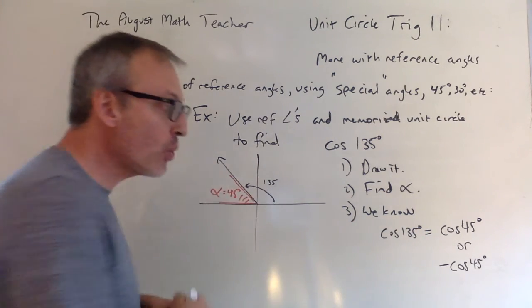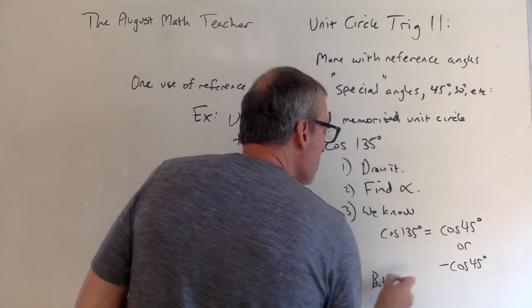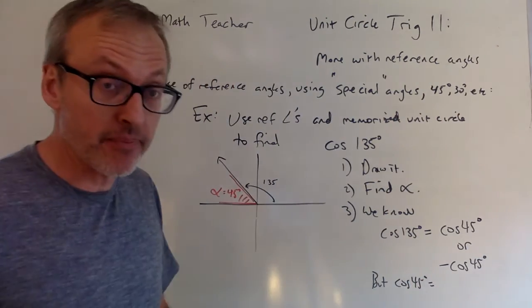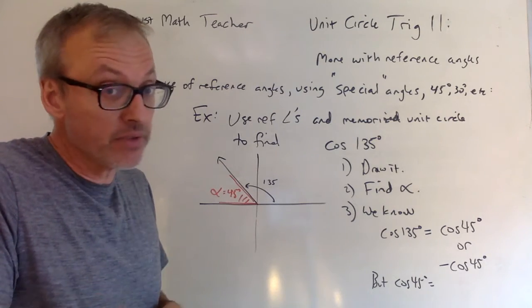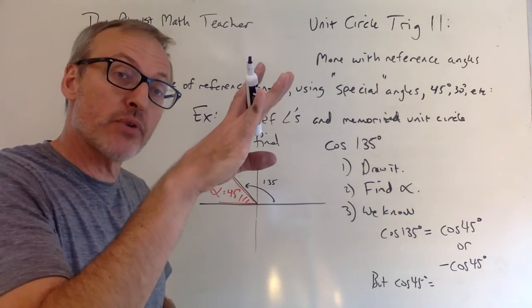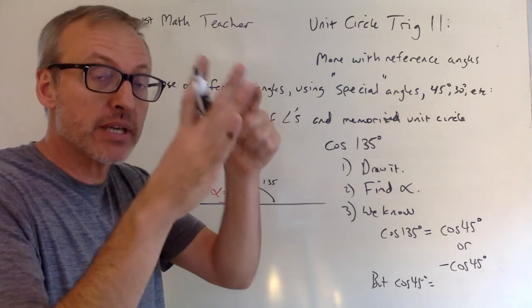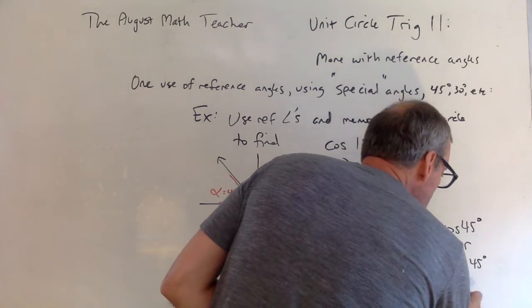Now the thing is, we know what the cosine of 45 is. It's on that memorized diagram. I'm not going to redraw it, but the ordered pair for that 45-degree angle is root 2 over 2, comma root 2 over 2. I want the x value because it's cosine. And so it's root 2 over 2.